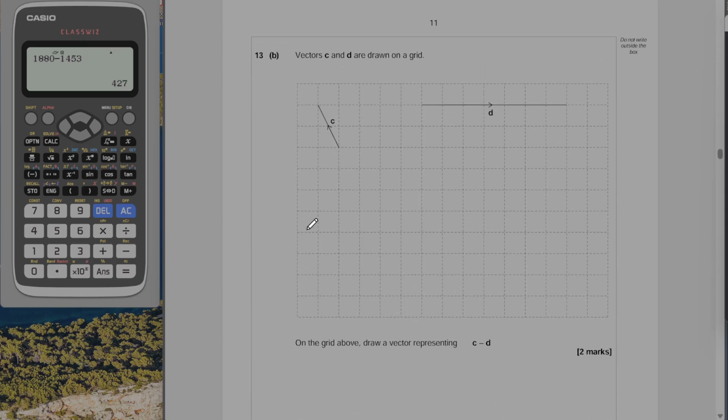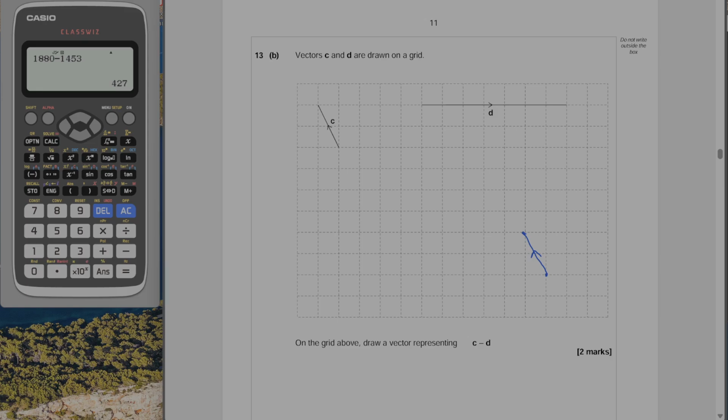Right, question 13. Vectors c and d are drawn on the grid. On the grid above, draw a vector representing c minus d. Probably the most simple way of doing this then is if we pick a start point, vector c is 2 across, 1 across.